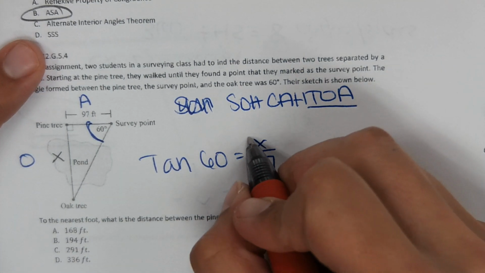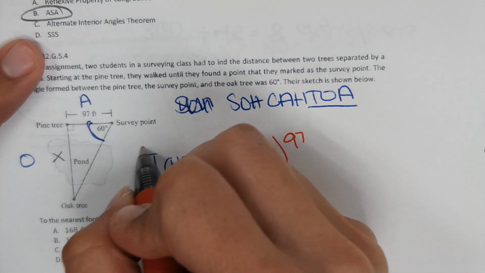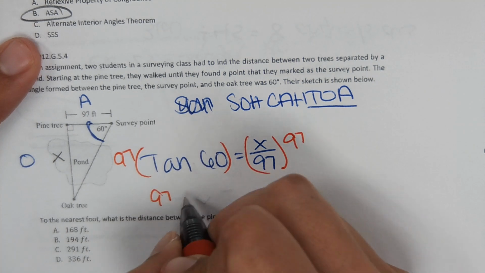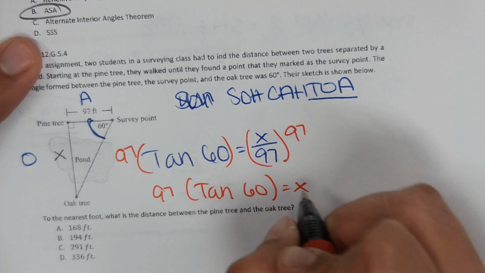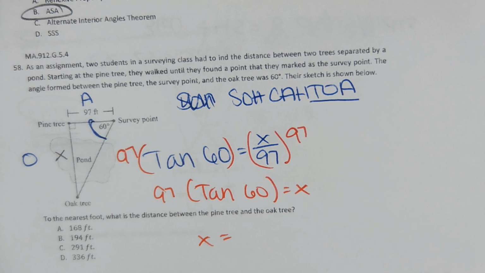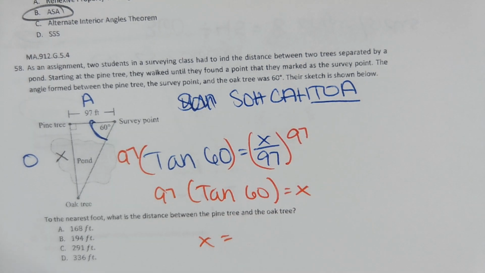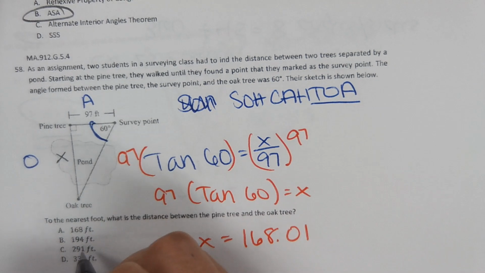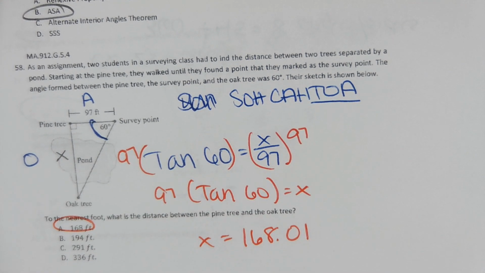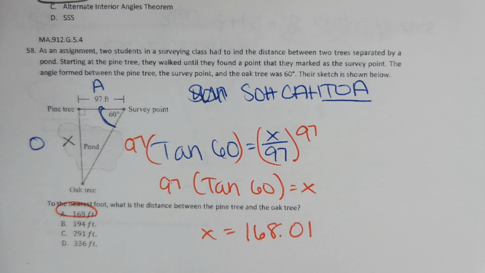Then multiply this by 97, multiply this by 97. 97 tan of 60 equals x. X equals 168.01, and that is our answer right there. Next.